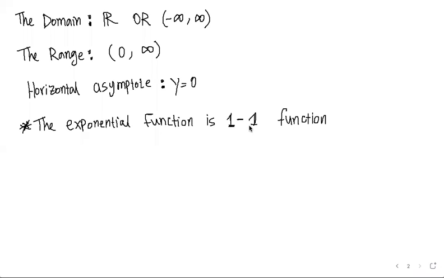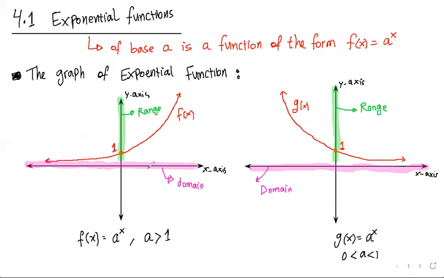How did you find the horizontal asymptote? The horizontal asymptote is y equals 0, the x-axis. Why? Because the curve will be very close to the x-axis, but will not touch it at all. You see the red curve gets so close to the line, but will not touch the x-axis at all.